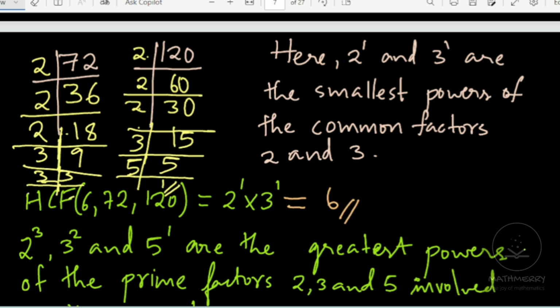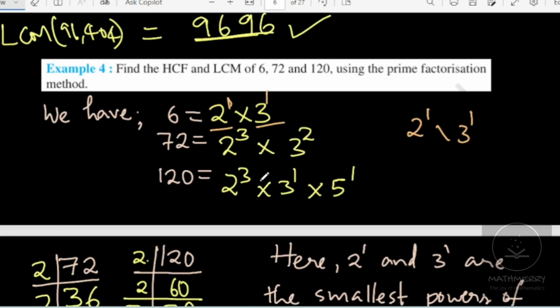Now going for the LCM, we don't need common factors. We need all the factors, but we should take the highest power of each factor. So the highest power of 2 will be 2 raised to 3, so 2 raised to 3 we will take.